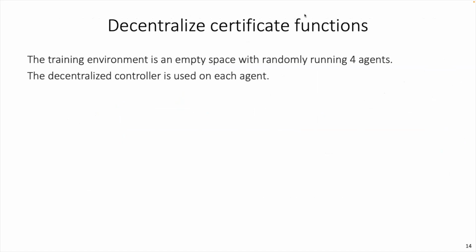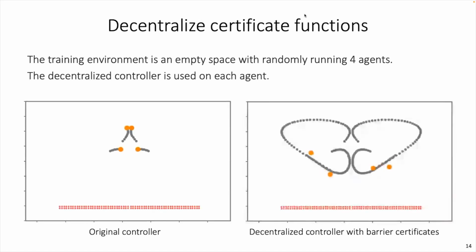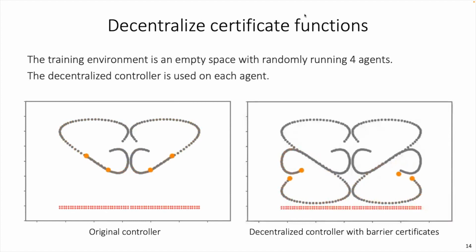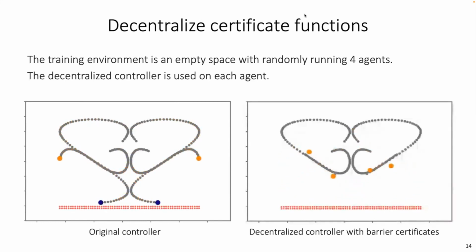Within simulation, what's good is that you can allow them to collide and you can collect some unsafe states in simulation. And the decentralized controller is basically the same controller that we just learn one copy of, because they have the same dynamics. This controller is going to be deployed on all the agents. So they each have an identical copy of that controller.